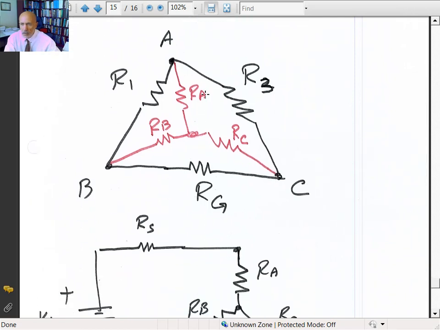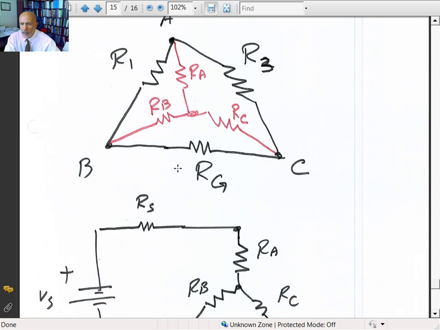The way it turns out, if I want to calculate R of A, it would be equal to the product of the two resistors on both sides, R1 R3, divided by the sum of the three. And if you want to calculate R of B, it would be equal to R1 times RG divided by the sum of the three. And if you want to calculate R sub C, it's simply R3 times RG divided by the sum of the three.